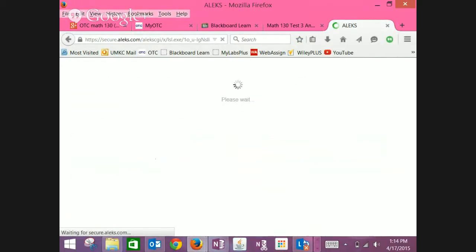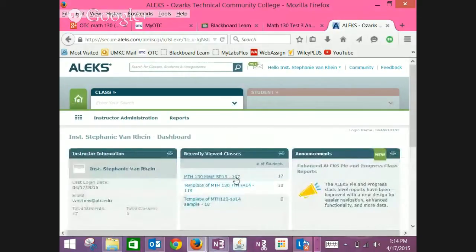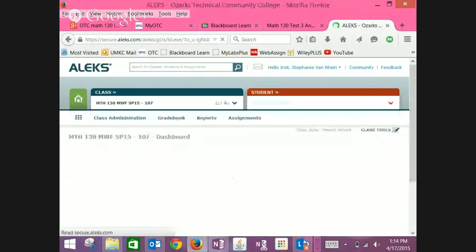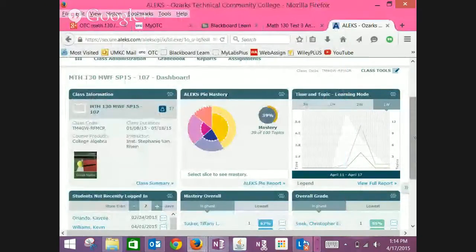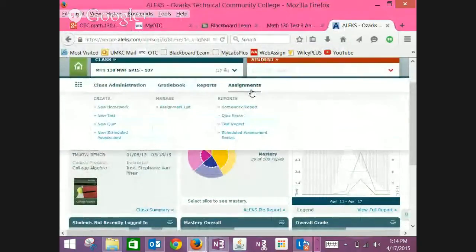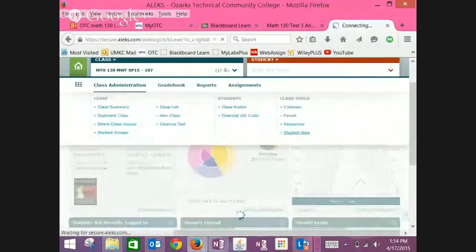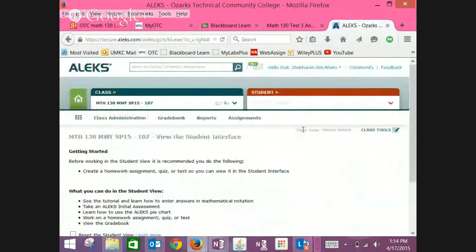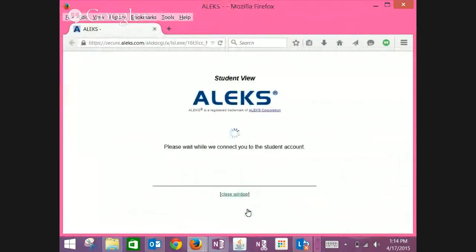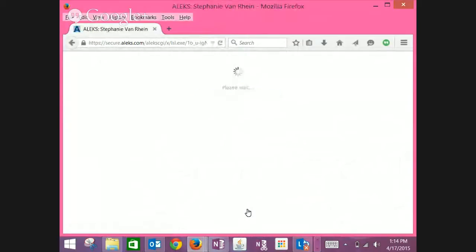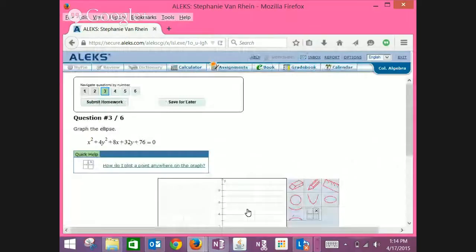For some reason with Alex, whenever I log on at school, it says that my Alex whatever is expired. Whenever I log on at my house, it doesn't ever say that. It's kind of a problem because I don't have that card to sign in. That code, you know, what's on the back of the card. You ever had that problem? So at home, you're fine. You can do your homework. But when you come to school and you sign on, it tells you it's expired, I can buy a new card.